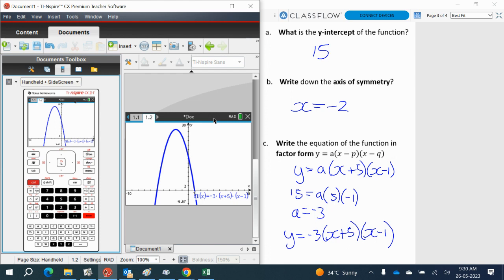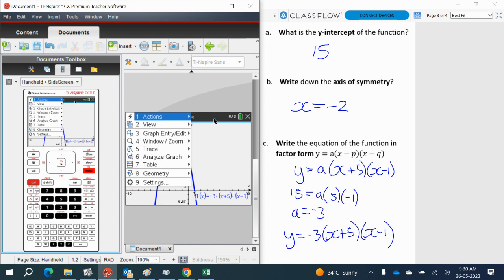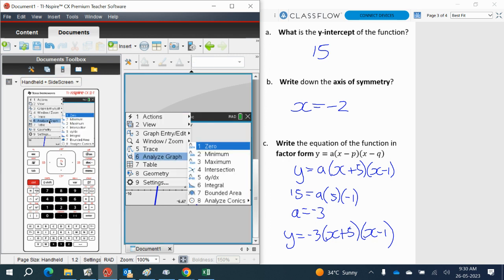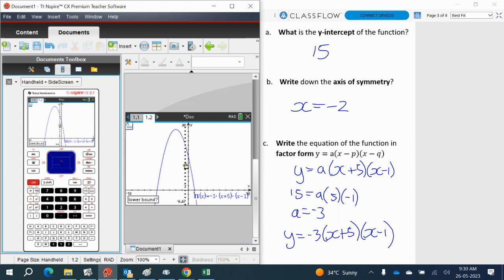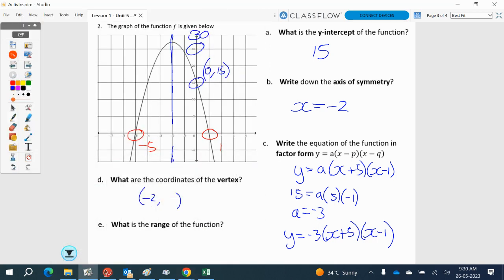Once we see the graph, we can press menu, analyze graph, find the maximum. Move the keypad to the left of the vertex, click, then to the right, click. We see it's at minus 2, 27.